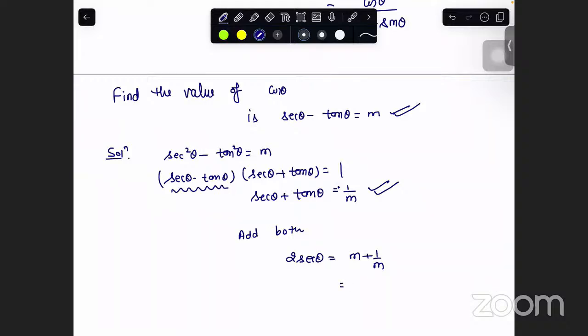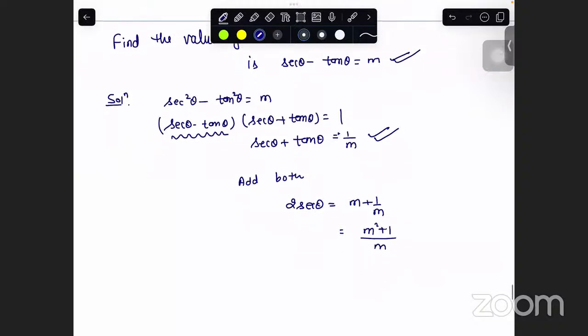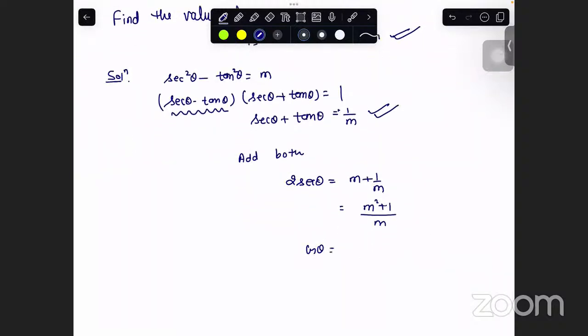So from this, it is m square plus 1 upon m. So this is sec theta. So cos theta will be 2m upon m square plus 1. Now, if you have cos theta, you can find sin theta, you can find anything.